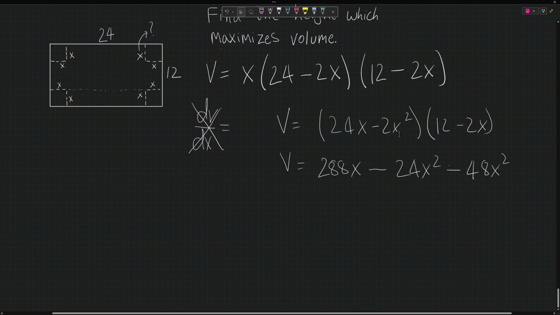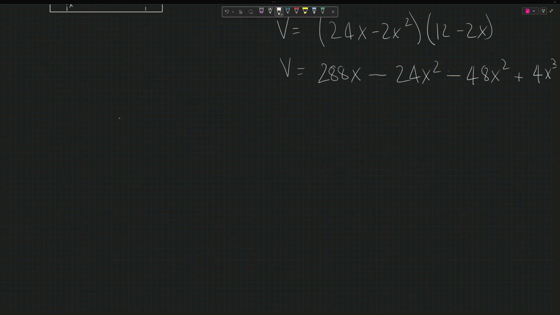And what we're going to do last is these two. Excuse me, plus 4x to the third. Alright, so that is our final equation, right? Let me just make sure I did everything right. Don't see anything wrong right now.